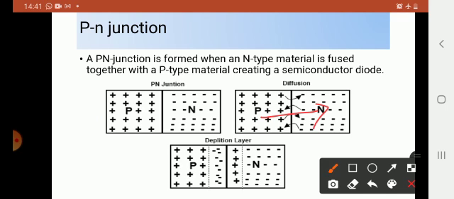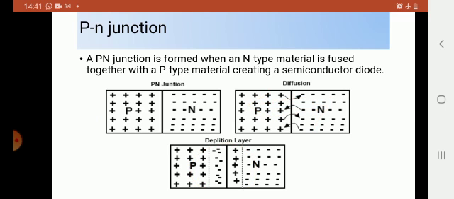So what happens? From the n-type material, some electrons will move toward P, and eventually you will see this type of figure, where in the p-type substance there is a transfer of electrons, and in the n-type there are some holes present. All this happens due to diffusion, because the electrons diffuse toward the p-type material, and from the p-type material holes diffuse toward the n-type material.